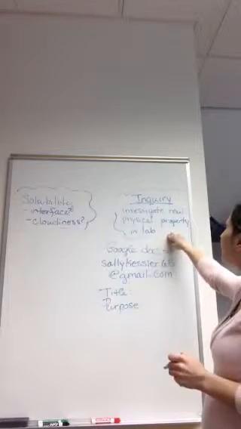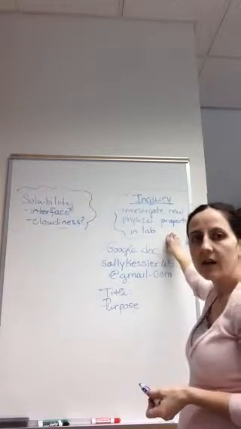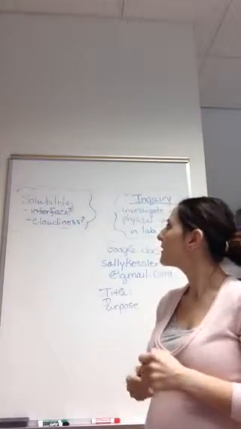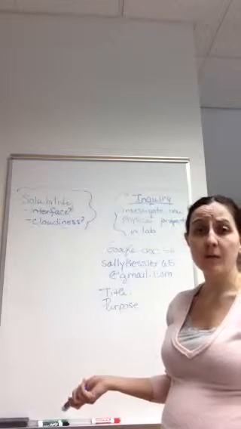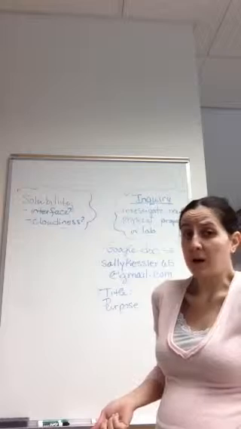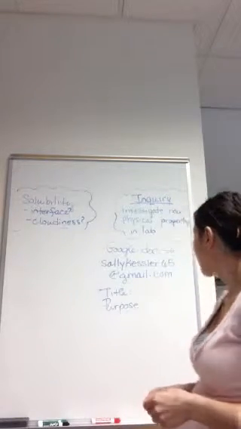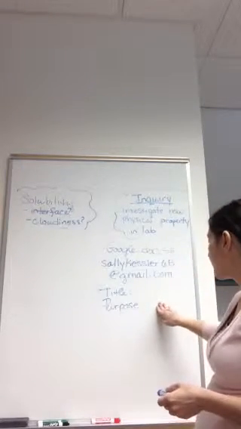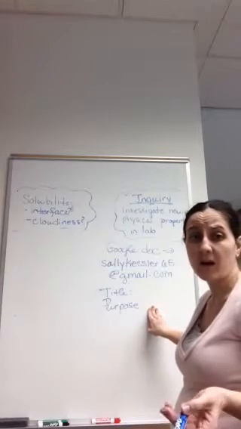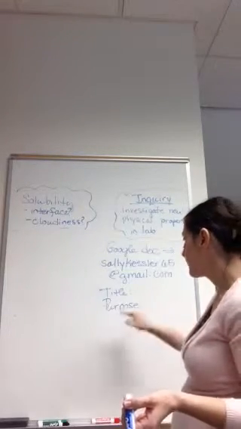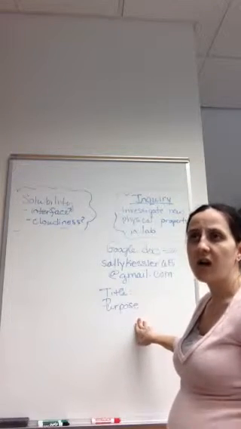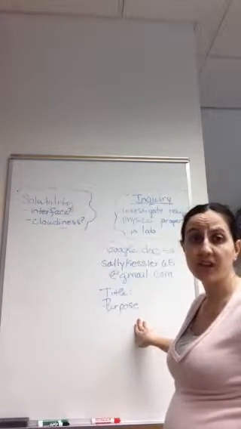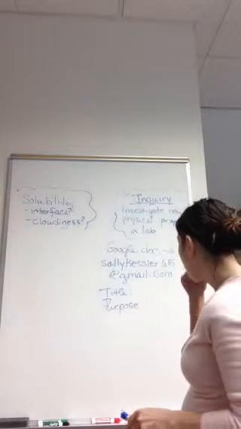Let's say for our inquiry project, instead of looking at solubility, we want to see when something will freeze. That's another physical property that we could look at. So our purpose would be to investigate when a mixture of hexane and water will freeze.